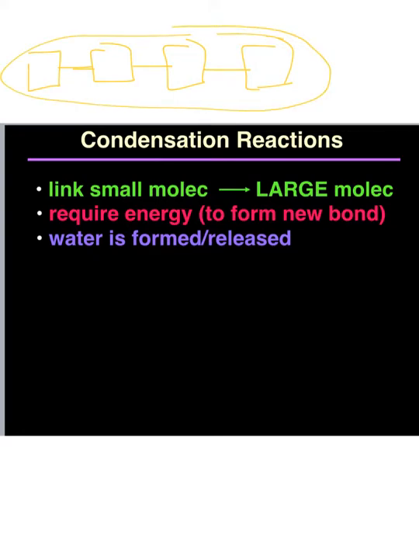So the types of reactions that we use to link small molecules to make a large molecule are called condensation reactions. So the condensation reaction is taking small things and putting them together to make a big thing. These types of reactions require energy to form the molecular bonds, and water is a byproduct of these reactions. So we'll take a look at what it looks like on the next slide.